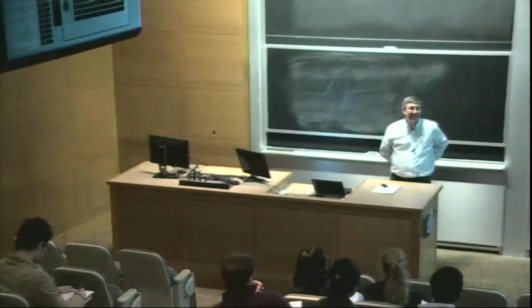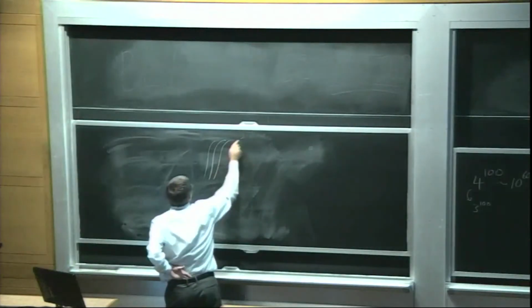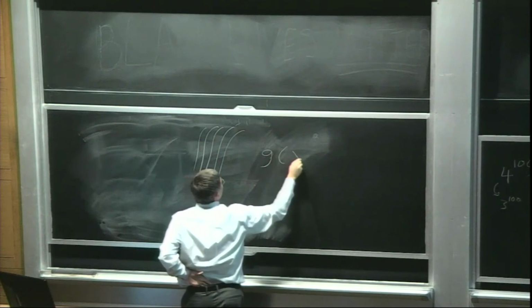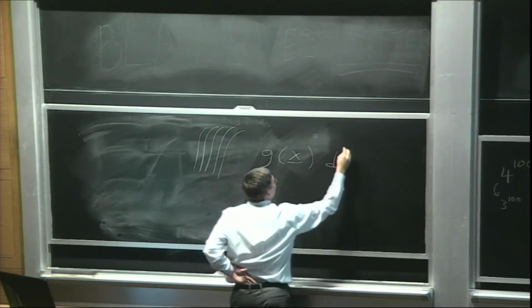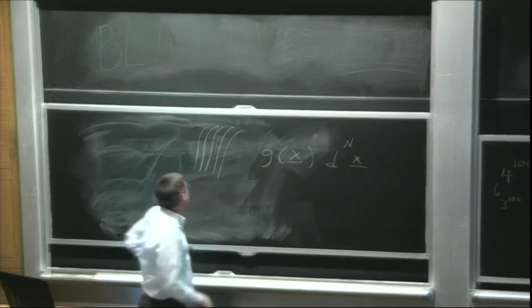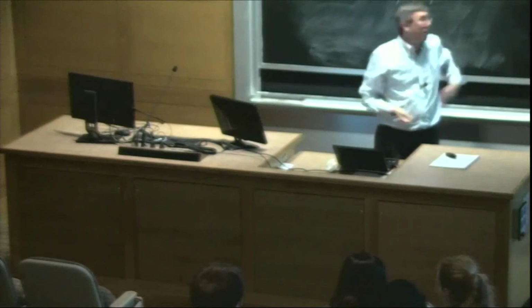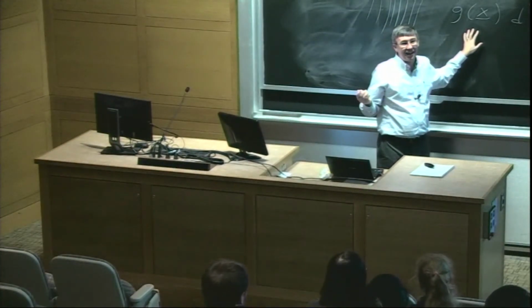Well, yes. So you get some integral, the integral of g of x. And then you have to figure out, what am I going to do so I can solve this thing?